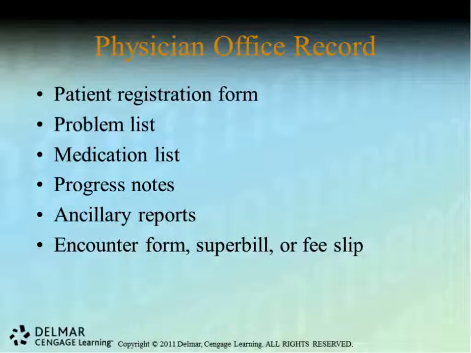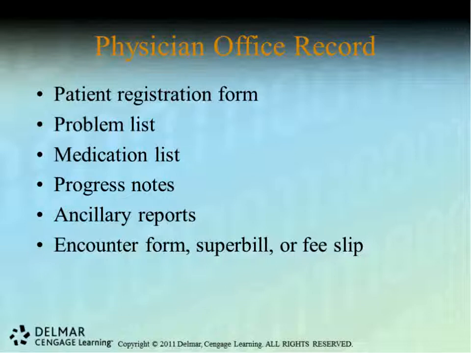The provider simply indicates which ones they performed with that patient, and it goes back to the front desk. It's usually initiated when the patient goes to the physician. They get that form and bring it back to the front desk after you've seen the physician.